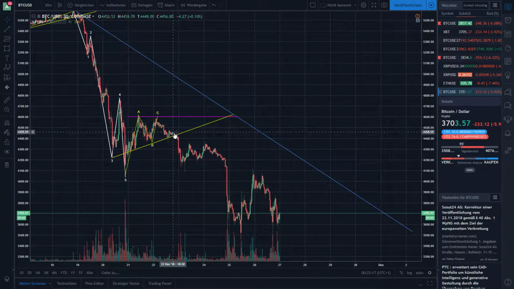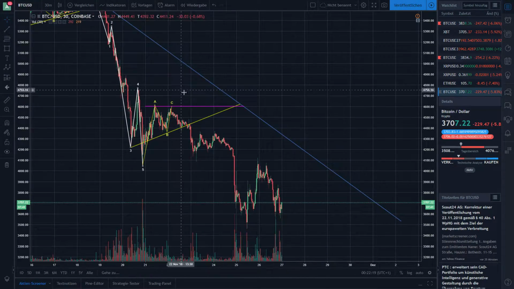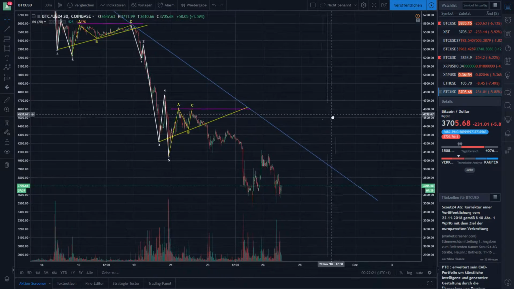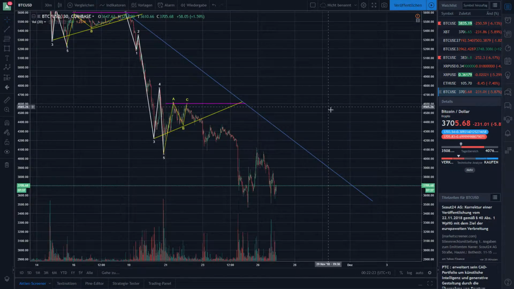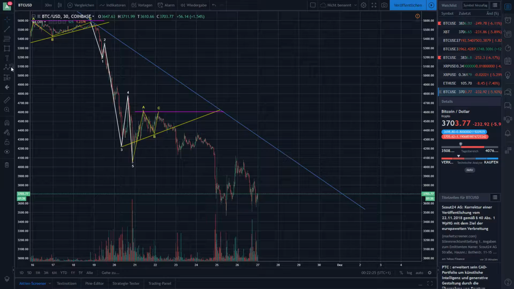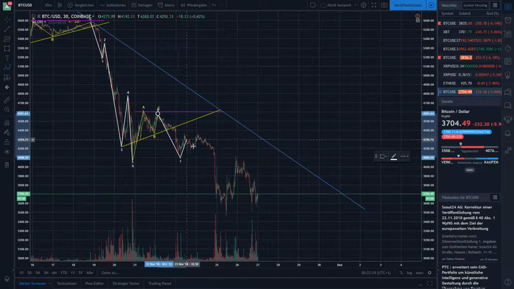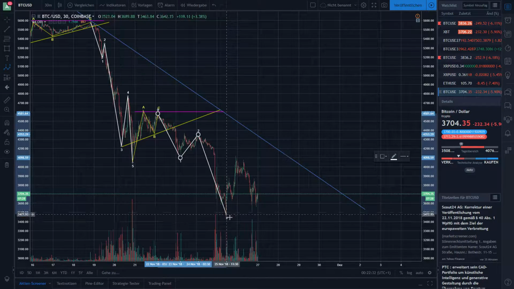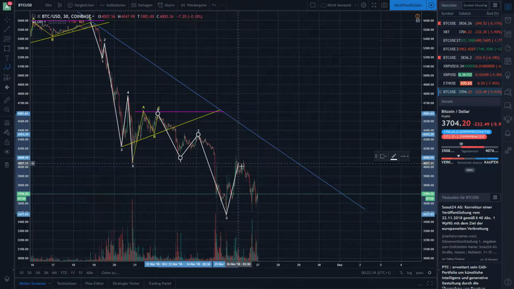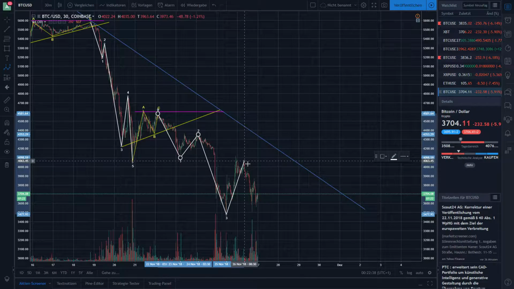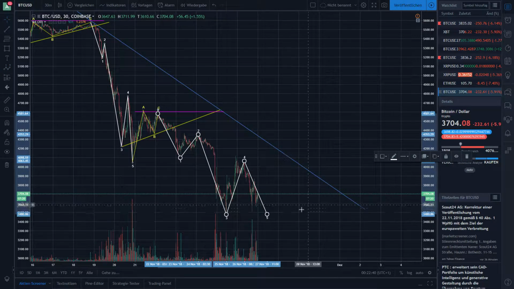And as soon as we broke that, we knew that the bears have won. And this is 5 coming down, consisting of one very nice 3 waves going up, and again very nice 3 waves coming up, and I consider it here and here 5.